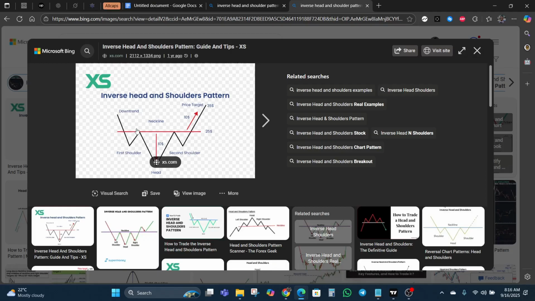The first trough forms the left shoulder, followed by a deeper low, which becomes the head. And finally, another trough forms that's similar in height to the first. Remember that the head is always lower than the first and second, and the first and second are almost around the same level. They might not be exactly at the same level, but close to the same level.